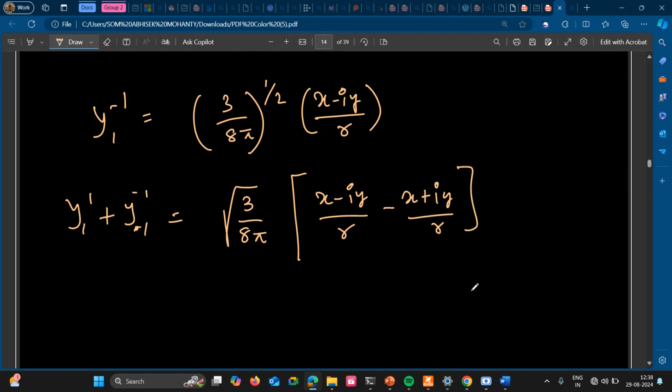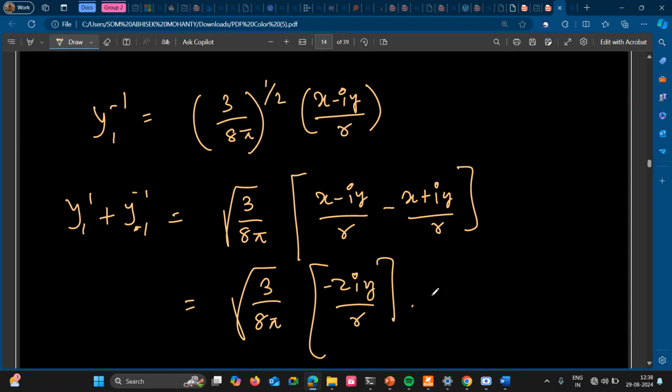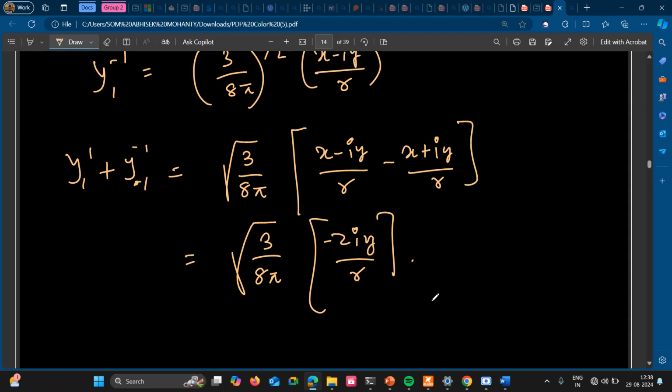You see x and x will be cancelled out. So root over 3 by 8 pi, minus 2iy by r.